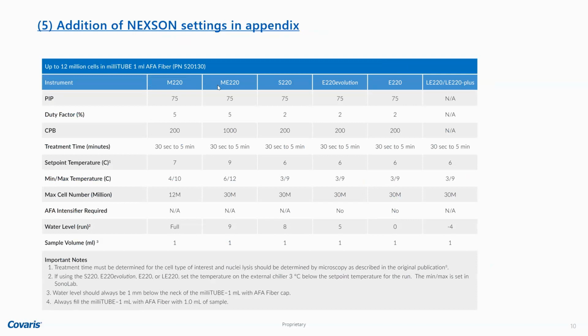For our M instruments and the SNE series, we already have settings because we have thoroughly tested them. If you are working with the LE and the LE220 Plus, please reach out to our application team or to me directly, and we can give you settings that work for most people, but they might need a bit more adjustment as we haven't tested them rigorously in the field.